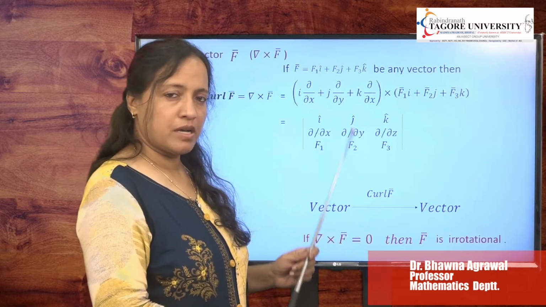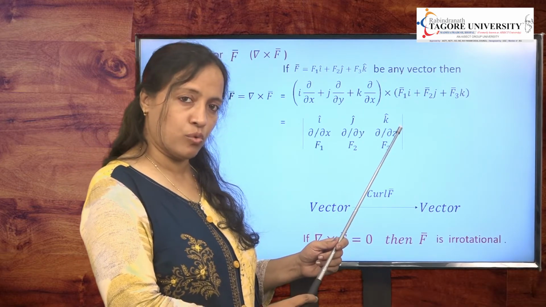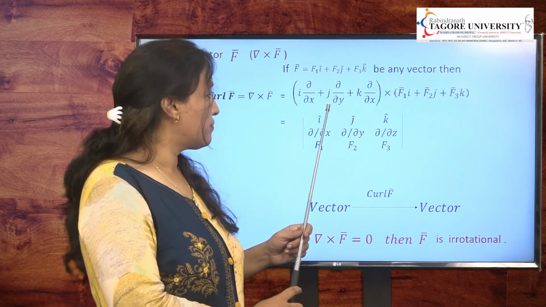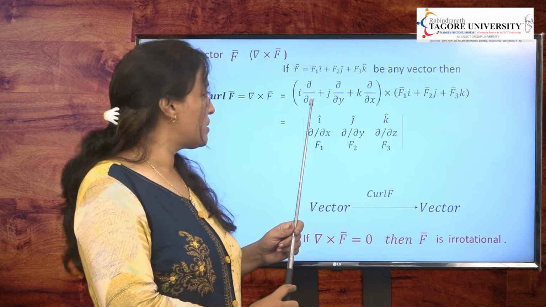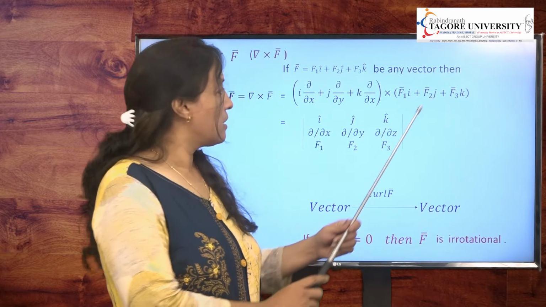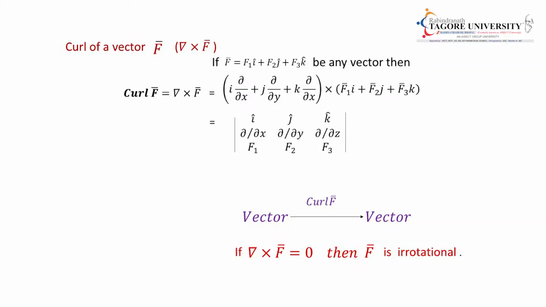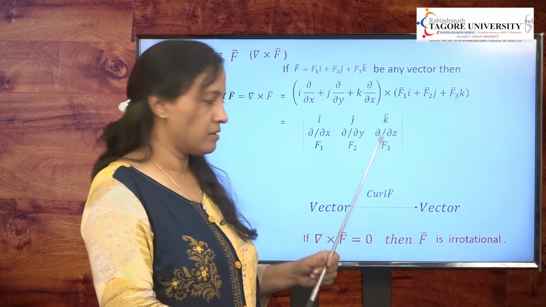It is the determinant of this: i, j, k, the position is fixed for the first row. From the first bracket, we use the coefficients of i, j, k for the second row. From the second bracket, the coefficients of i, j, k, that is f1, f2, f3, are fixed for the third row. Simply find the determinant of it.